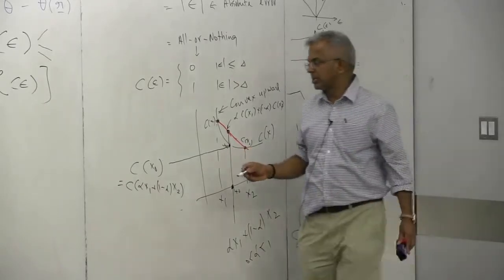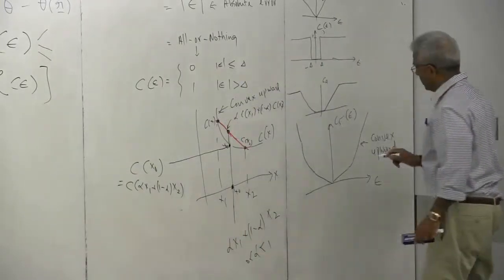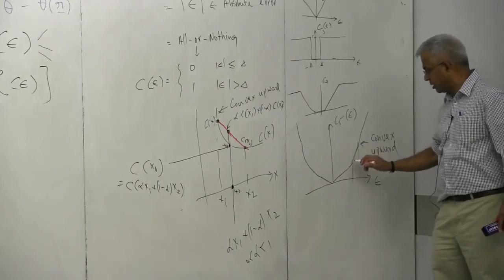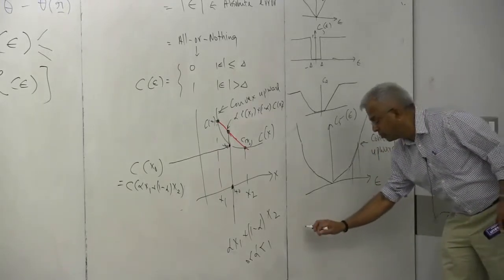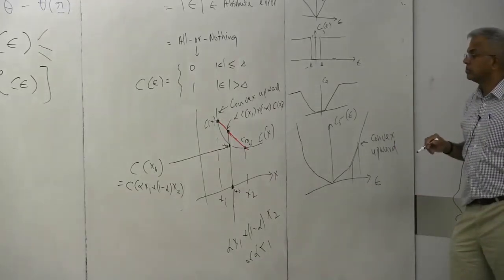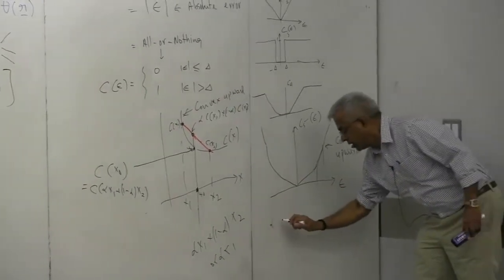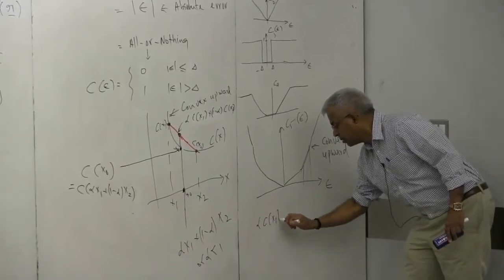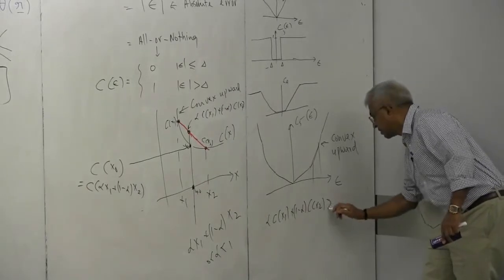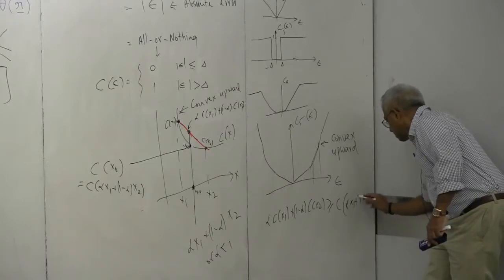So you can say that if c of x is convex, convex upward means the curve has the property that if you take two points and join them, the line is above the curve. So the line, alpha c of x1 plus 1 minus alpha c of x2, is greater than or equal to c evaluated at alpha x1 plus 1 minus alpha x2.